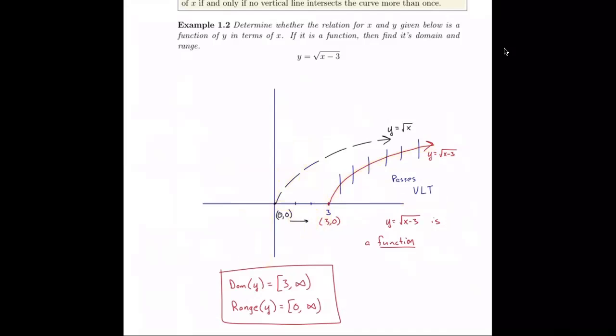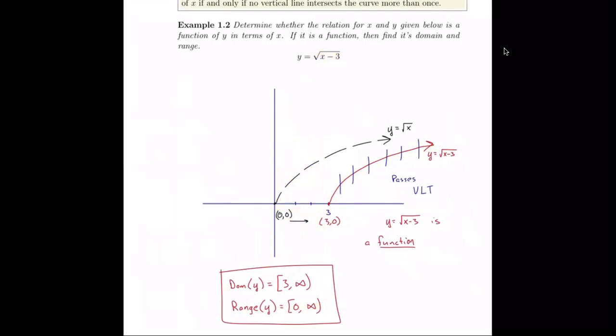Okay, now the range is the set of all y values for this function that we can obtain. And we see that there's no way to get a negative number out of this, right? We're going to take the square root of a positive number and get a positive each time. Remember, we're not solving for y squared equals something. This is literally given to us as a function that's a positive square root of something. So we're always going to get positive numbers out, or it'll be undefined over here.